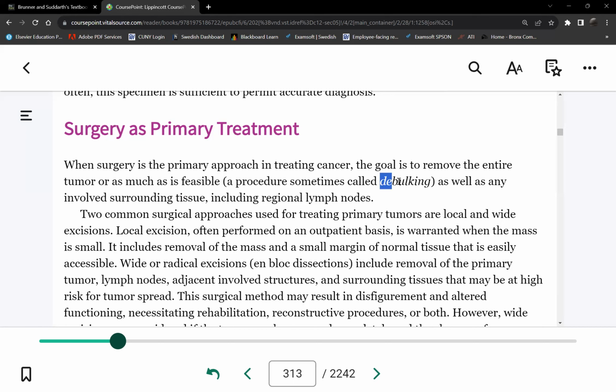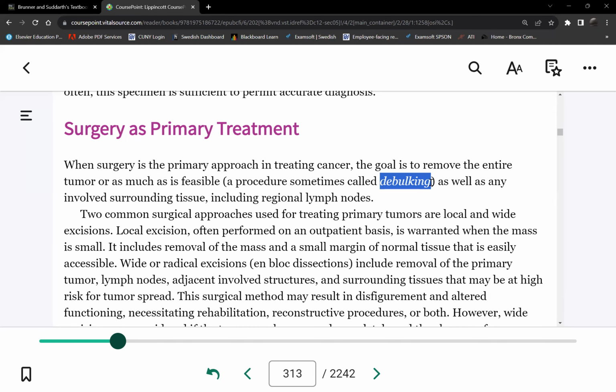It's also called debulking, meaning it may not involve one surgical procedure. It may be multiple. The first time may only be debulking, meaning we did not remove the entire tumor, only parts of it. But that doesn't mean it's not curative; the surgery is just done in stages.